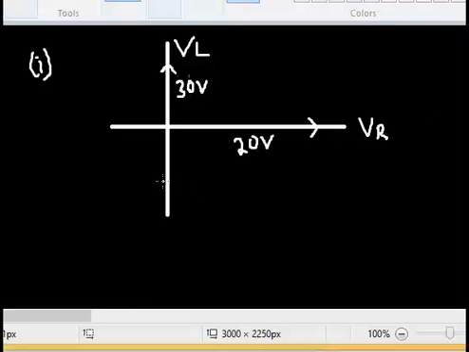Then for the capacitor, remember, whenever a capacitor is connected across an AC source, the voltage always lags the current. So this one downward is for the capacitor, and that is 70 volts. So this is the vector diagram, or the Argand diagram, that represents that. So number one question has been taken care of.